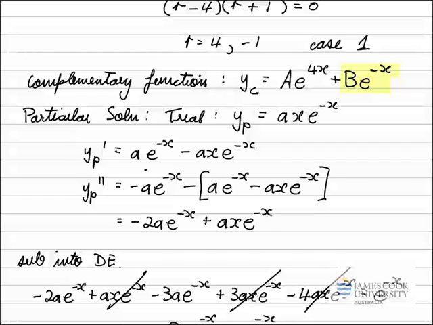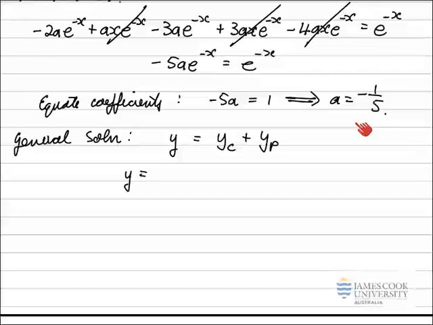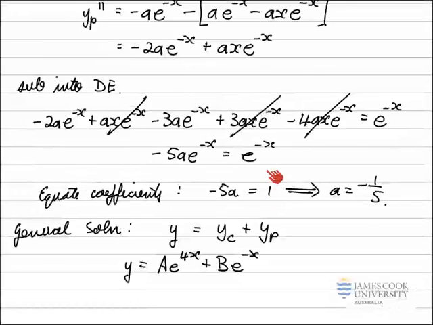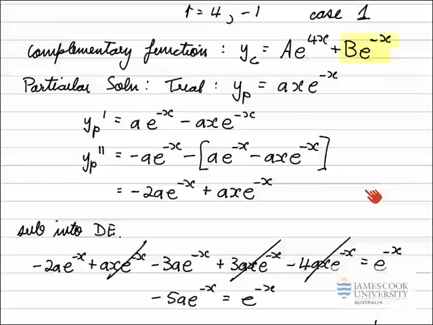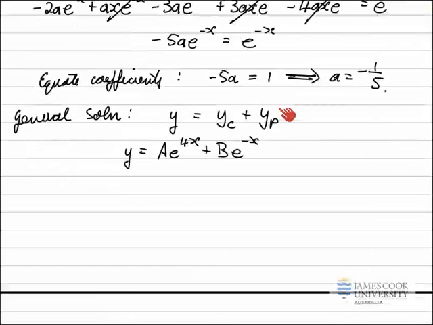There it is, A e to the 4x plus B e to the minus x. I'll write that in here. Plus the particular solution with the value of a that I've found, minus 1/5 into the trial function, which was the correct trial, minus 1/5 x e to the negative x.